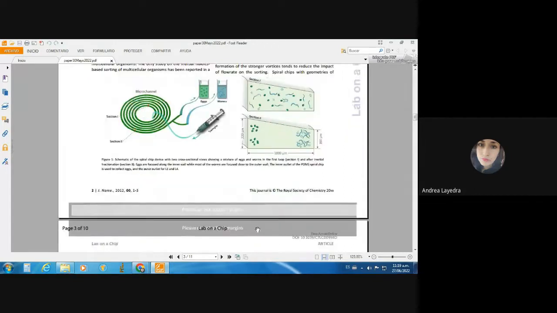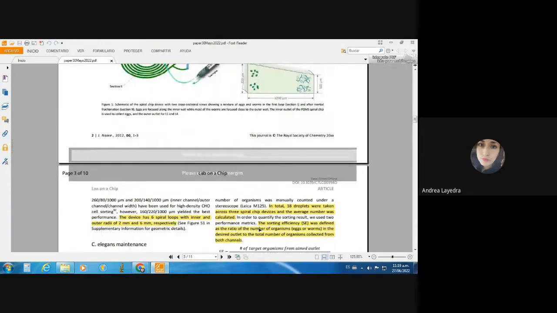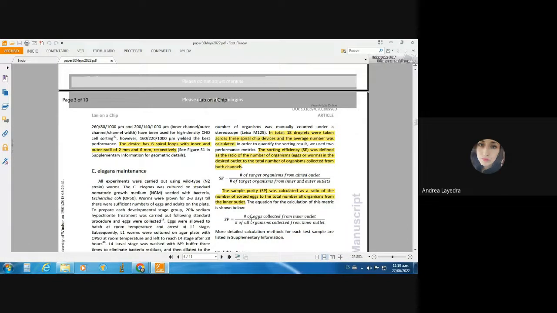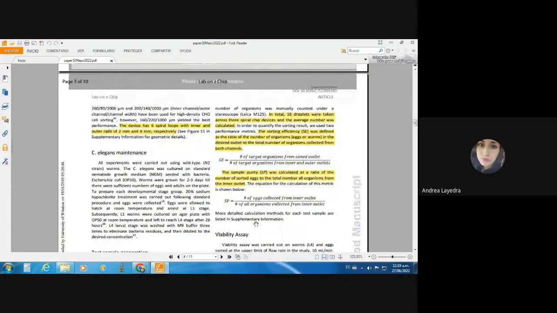So they work with three populations: eggs, L1, and L4 worms. The first test sample contained a single population. The second one was a mixture of two developmental stages, and the last test sample was a mixture of all three developmental stages.